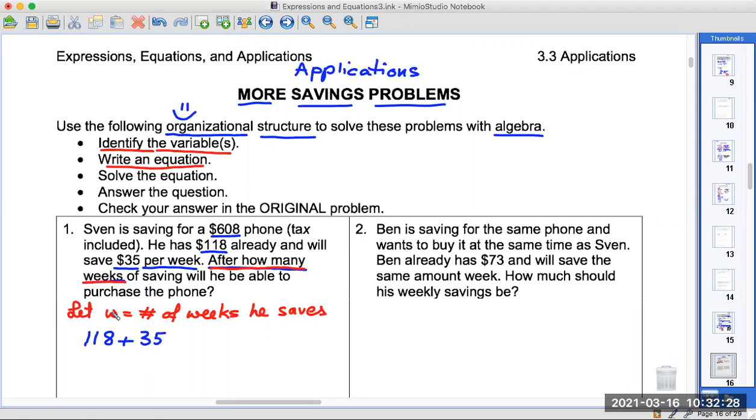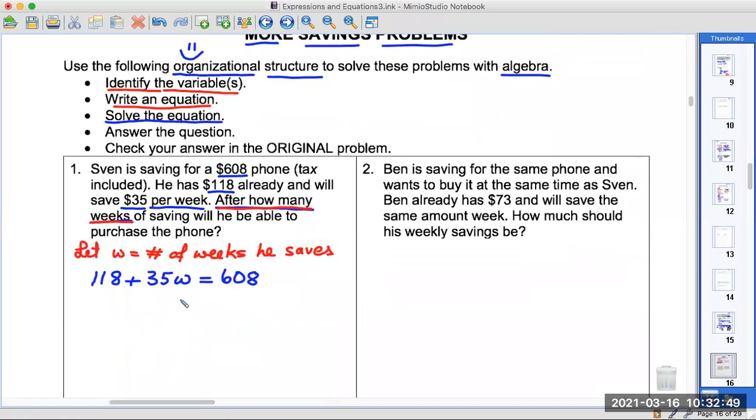So W, 35 times each week, added to 118. And now he wants to pay 608. He needs that $608. So this is our equation. Now we need to solve it. If this is a little tricky for you, stop the video, look at it again.